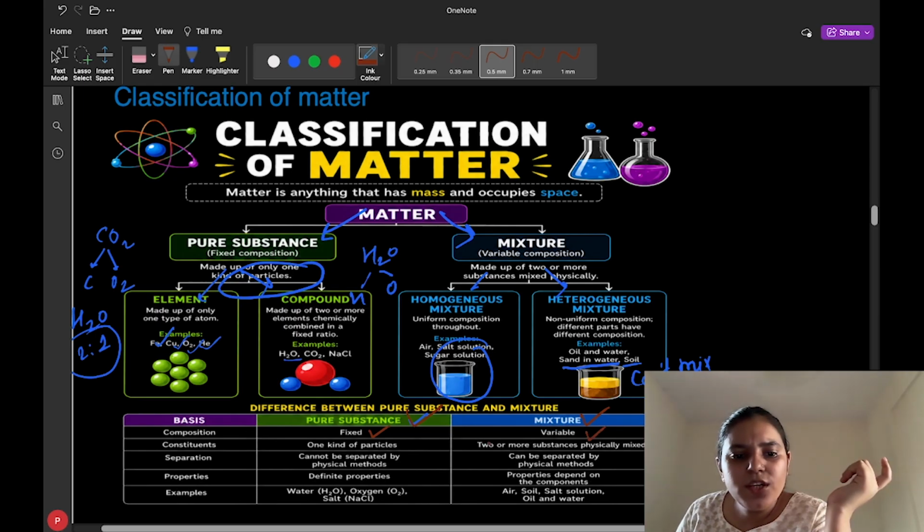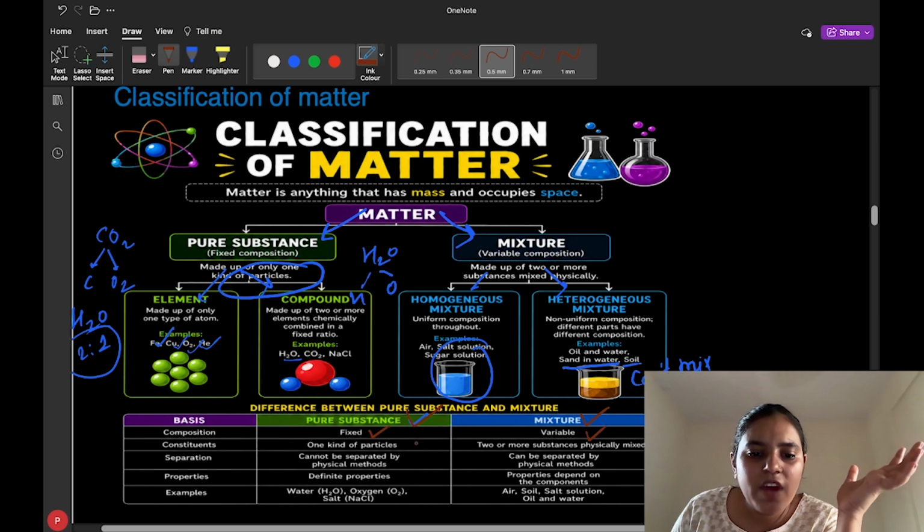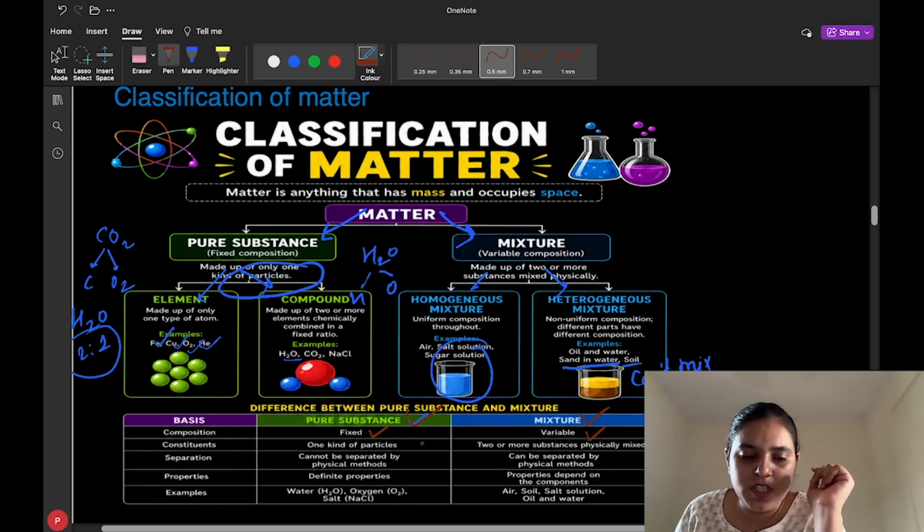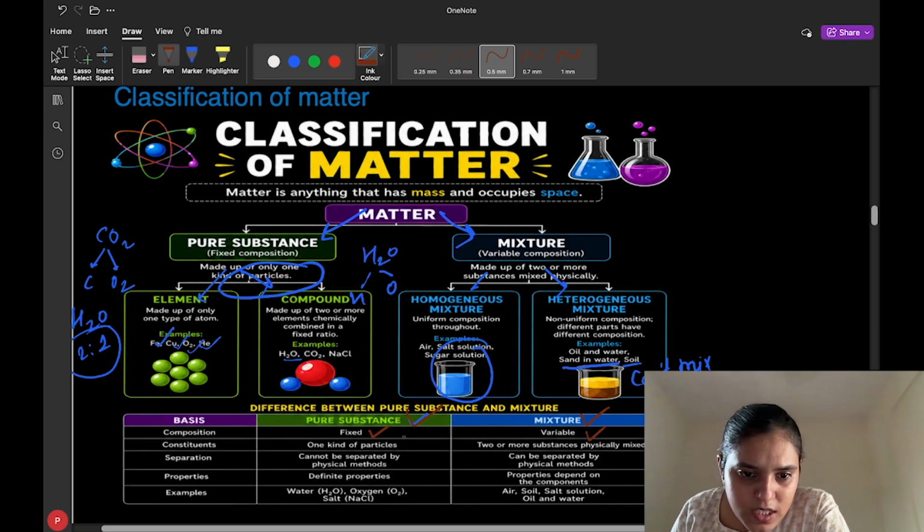What about the constituents? If it is hydrogen or helium, it means one kind of particle. One kind of atom is present in pure substances. In a mixture there are two or more substances physically mixed.